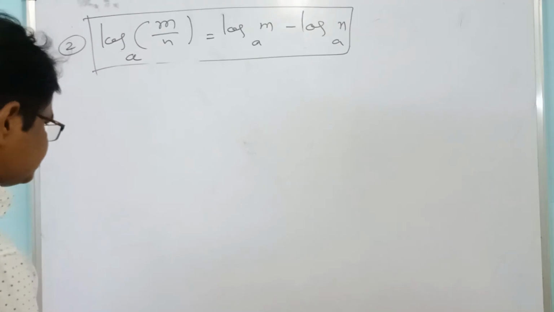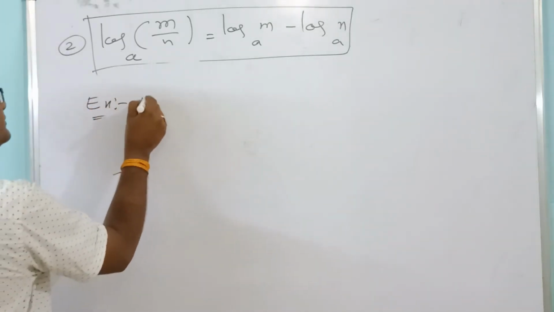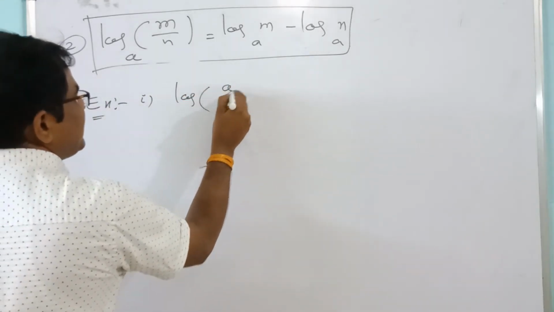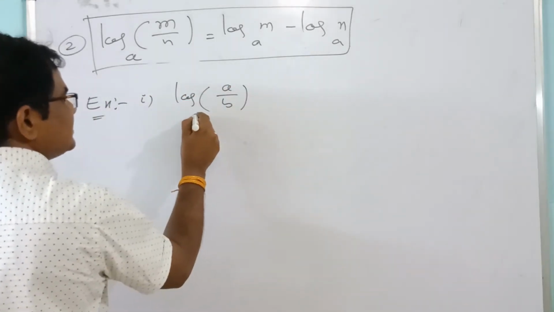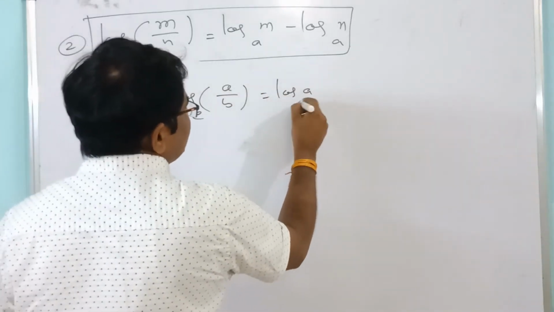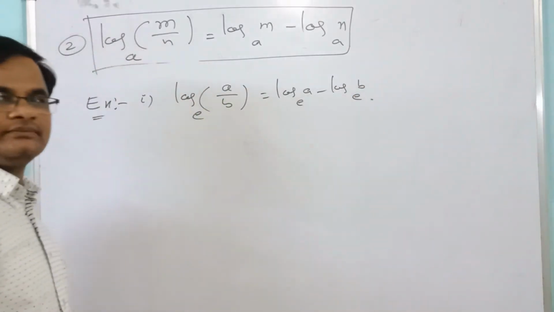See here. Take one or two examples. Log of a by b to the base e: how to write? Log a to the base e minus log b to the base e.